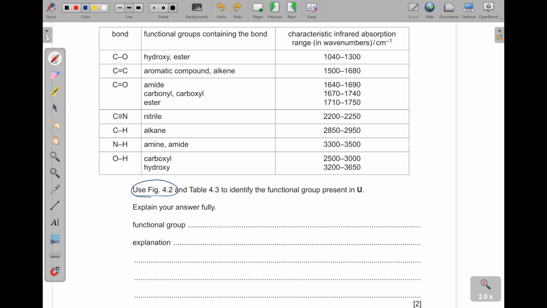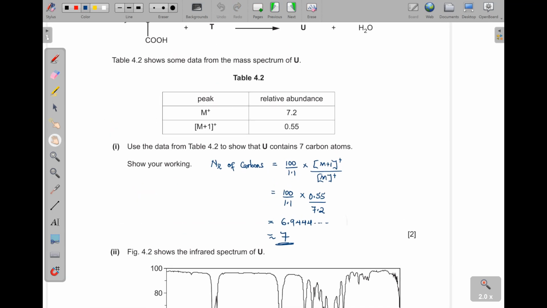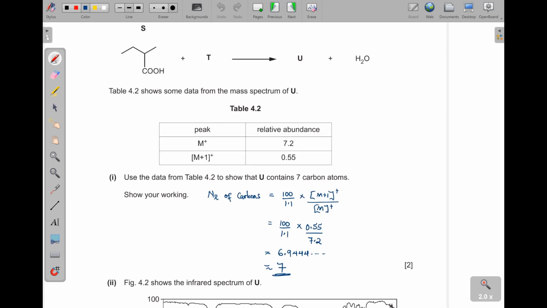Now, let's go back to U. U has 7 carbon atoms. How many carbon atoms do we see here? 1, 2, 3, 4, 5. You see? Then you react with something here. This is a carboxylic acid. Then here, what you get, then water is given off. Don't you think this is an ester here?